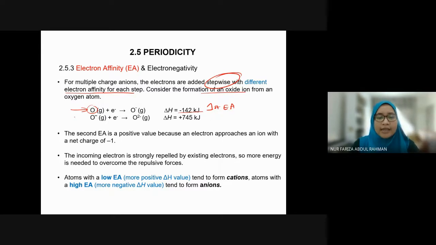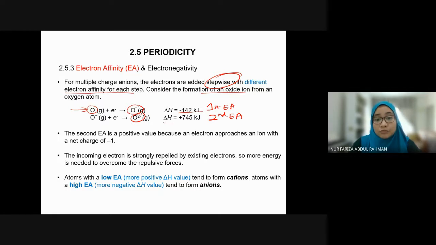Then when we try to add an electron further to this O minus, this is what we call the second electron affinity. So O minus in gas state accepts an electron to become O2 minus in gas state. This is just the equation.